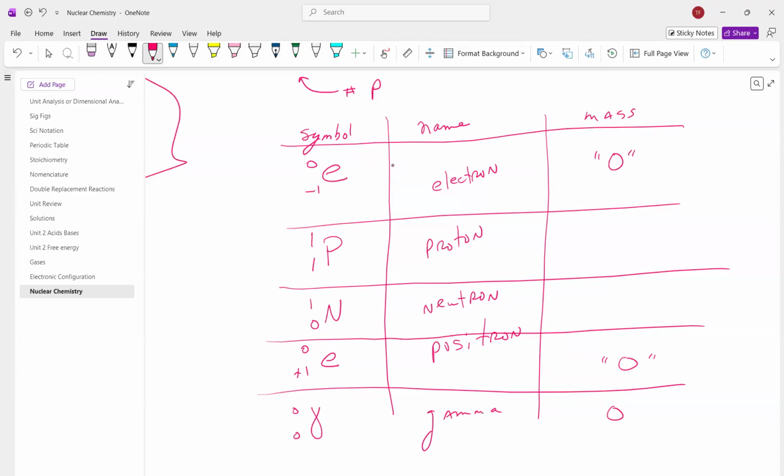And that's pure energy. There's no mass at all. That's why I don't like to call electron 0 mass, because in the same time frame we're talking about gamma, which is truly no mass. Okay, and then protons 1 and neutrons 1.